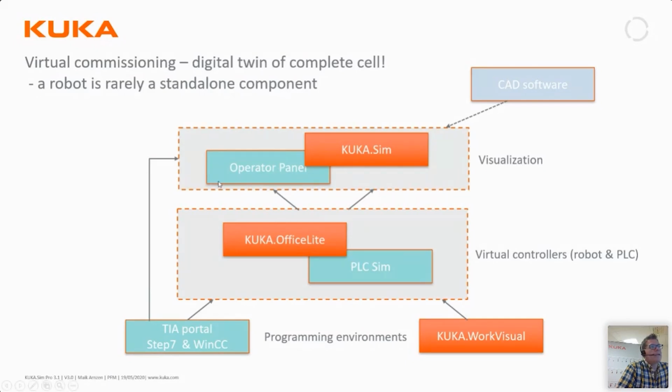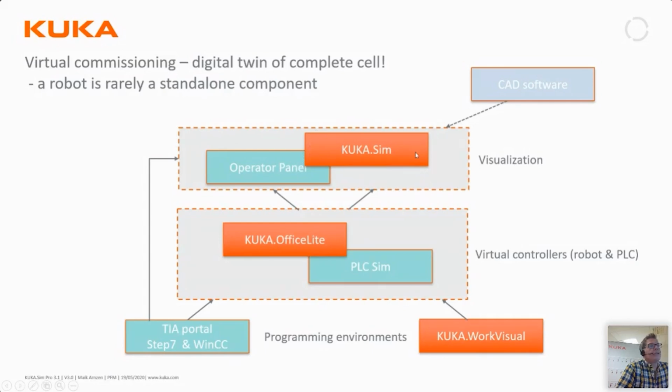The visualization usually was actually done with a physical operator panel to create an environment for an operator, a user, which was as real as possible. This physical operator panel could be directly coupled to these virtual controllers.